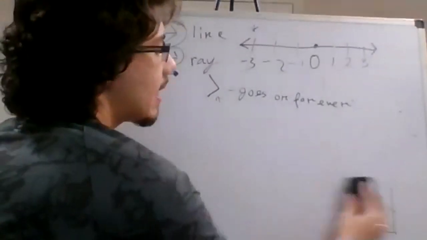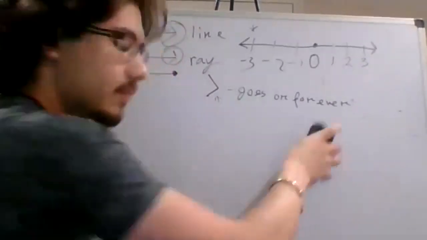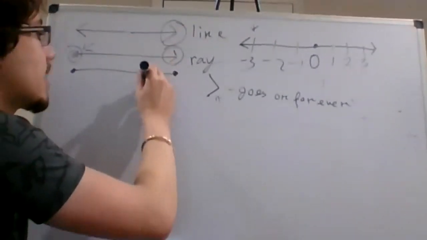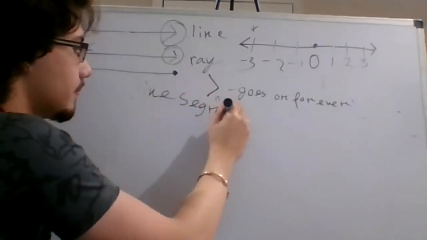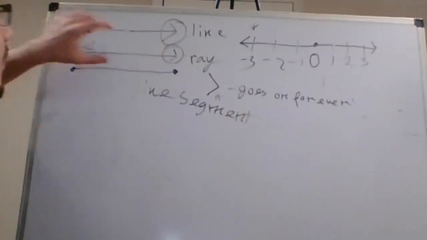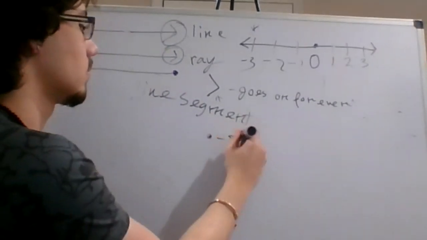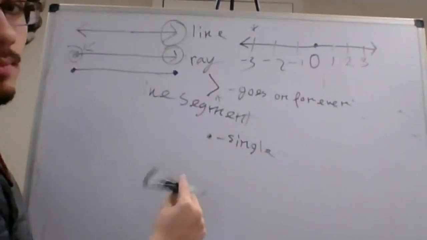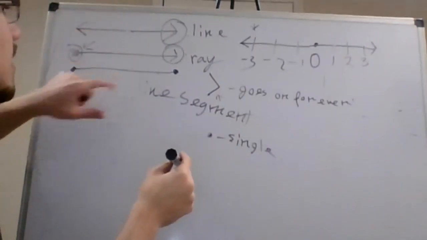Finally, we have a line segment. Does anybody know what the difference between this line segment and the ray is? What's the difference between these two? Miss Ariel, can you see a difference between this ray and this line segment?